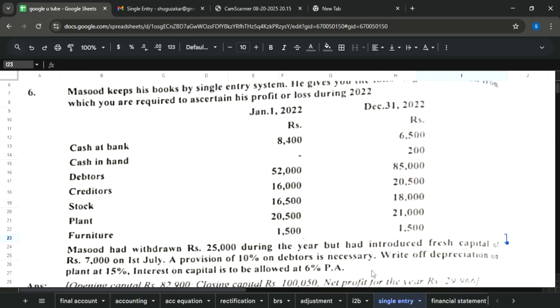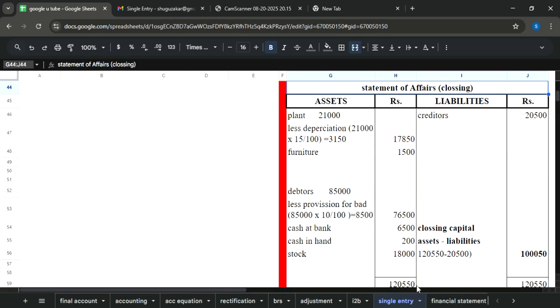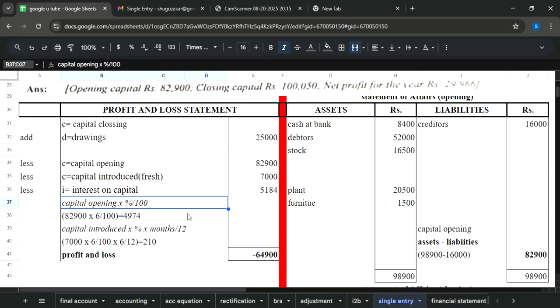And you can see over here closing capital 100,050, and we have calculated 100,050. So it means our two answers are completed. We will be posting this closing capital answer over here, 100,050. Alright guys, then you have an idea how to calculate.